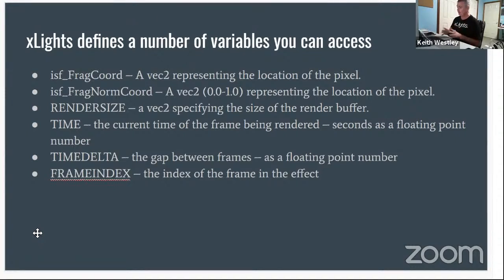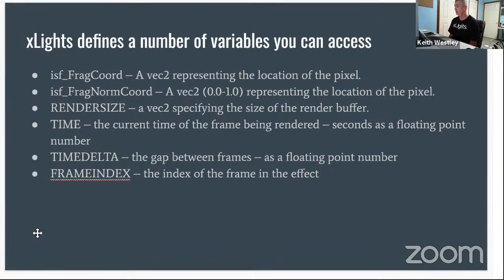There are a number of variables that are passed into the shader each frame that renders. These are going to be the key variables that differ across the various platforms that we need to align to what xLights is expecting, so that xLights will work correctly with the shader.